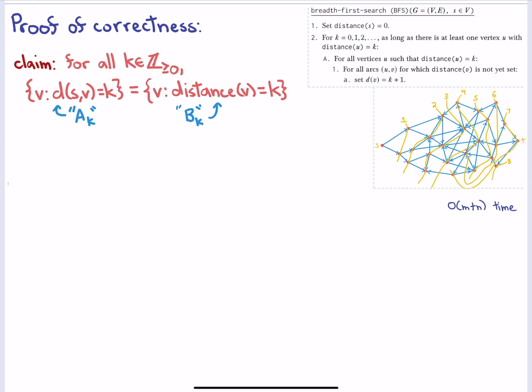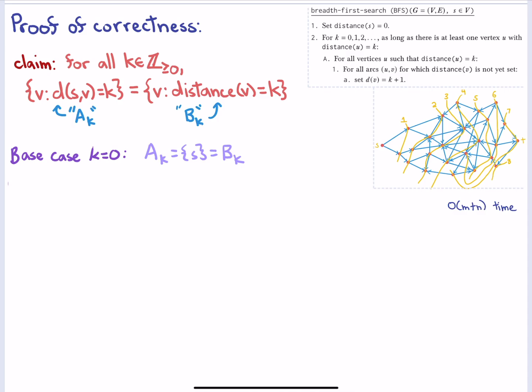So what might the base case be? The base case might be 0, and that's pretty easy, because clearly S is the only vertex truly at distance 0, and S is the only vertex being labeled 0.